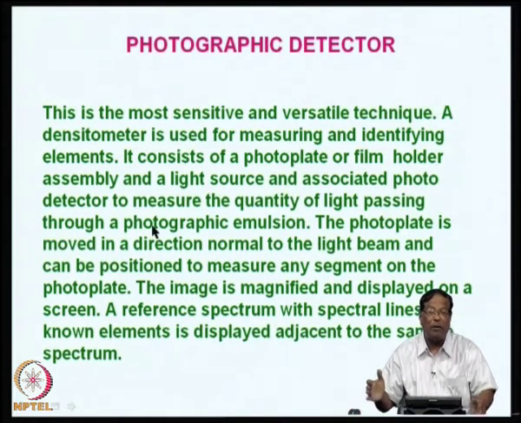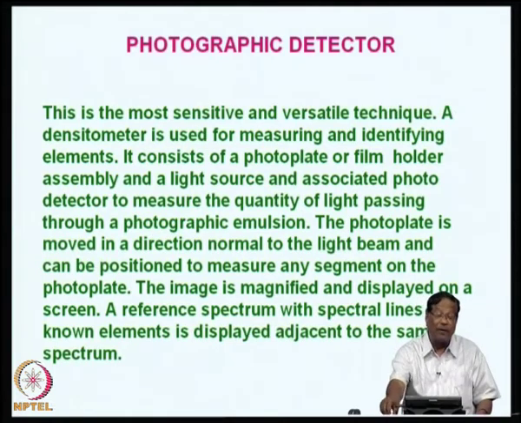The photo plate can be moved in a direction normal to the incident radiation direction. That means, if the light beam is passing through, you can move the photo plate perpendicular to that, and the image is magnified. The photographic plate can be positioned at any specific wavelength, and any segment can be measured.